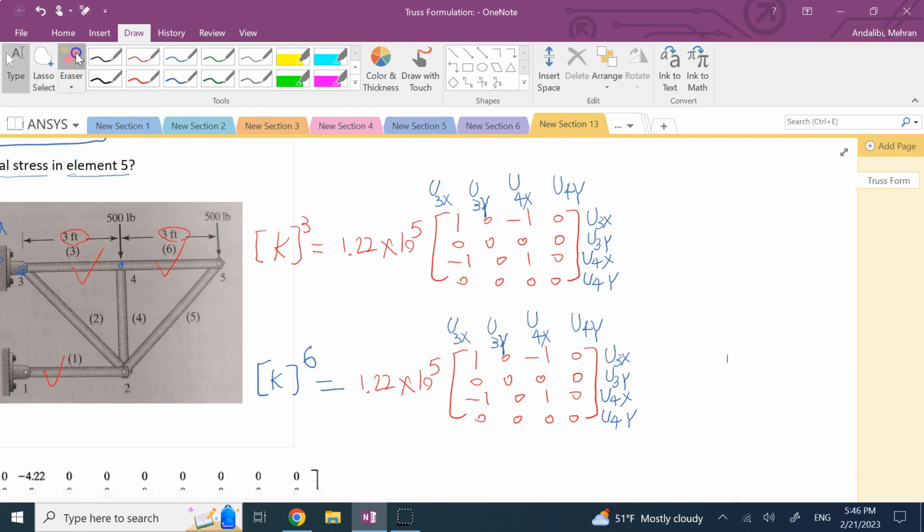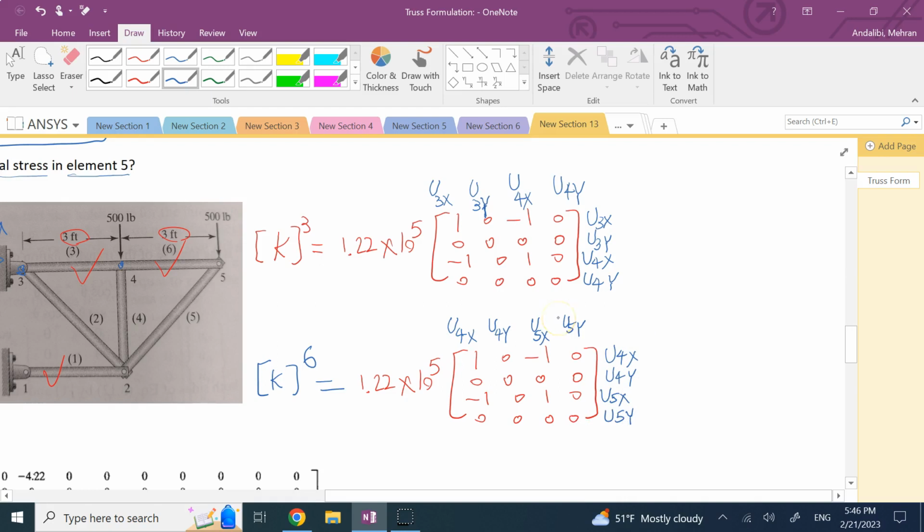So what you need to change is you have to basically change these guys to 4 and 5. And once you do that, then you are good to go. So let me just add them here for you. Okay, so that's K of 3, K of 6.